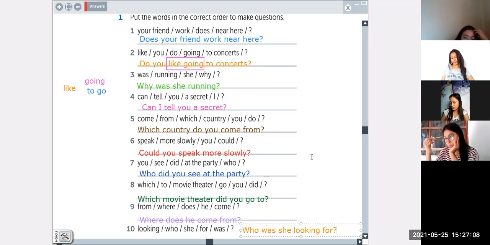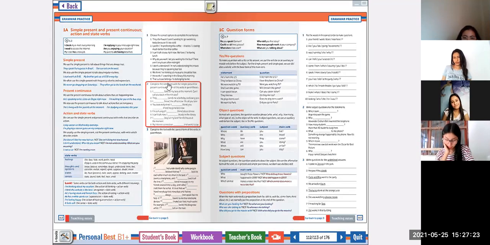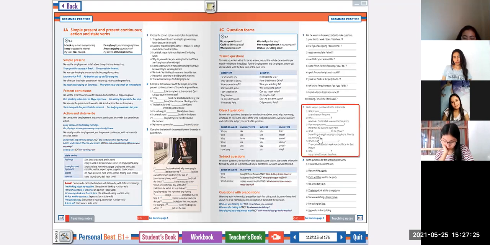Okay, very good. Any questions about this exercise? Anything that you would like to check? Okay, let's go to the next one. We are going to do the next one together. Exercise number 3, okay?